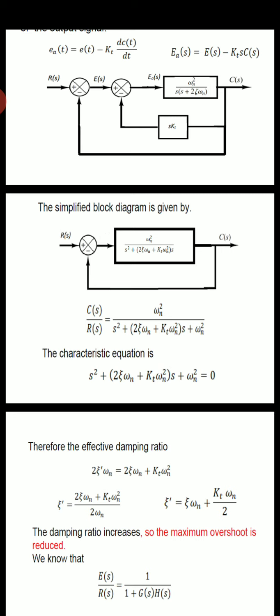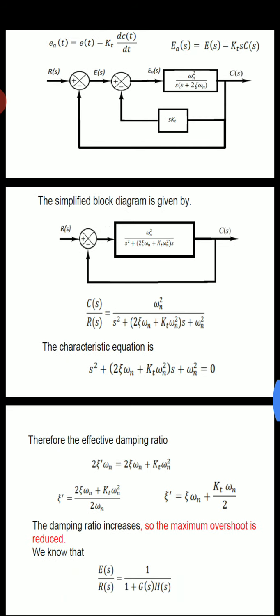If you solve that, omega n square divided by s square plus (2 zeta omega n plus Kt omega n square) into s, divided by 1 plus omega n square divided by s square plus open bracket 2 zeta omega n plus Kt into omega n square close bracket into s. If you solve that, you will get omega n square divided by s square plus (2 zeta omega n plus Kt into omega n square) whole bracket s plus omega n square.